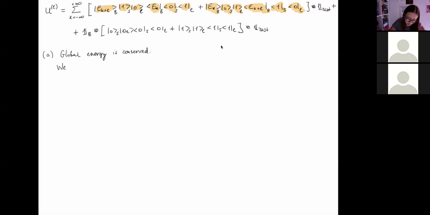So we need to show that H global commutes with U. So maybe we say here: conserved after applying U, which is just the composite of these unitaries.